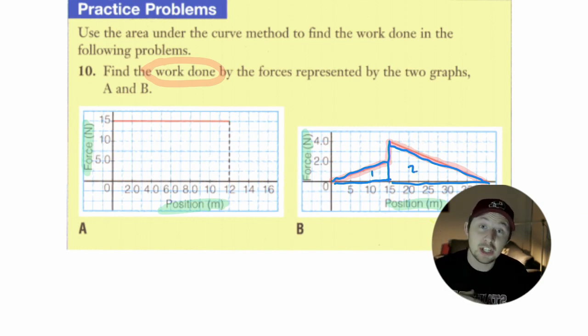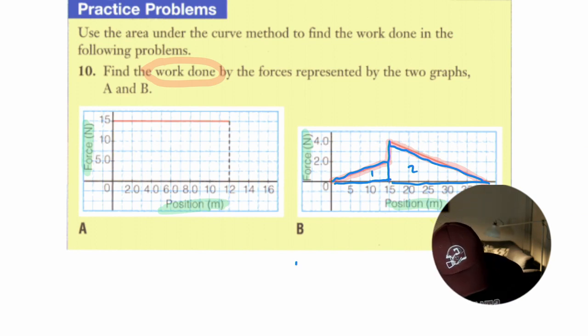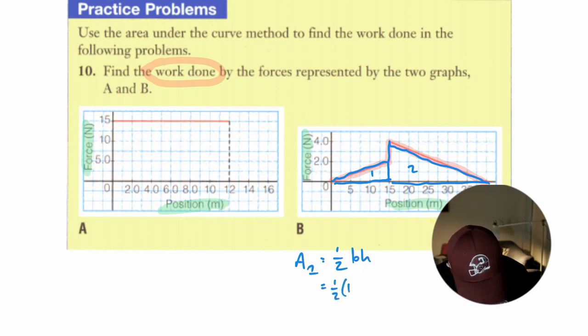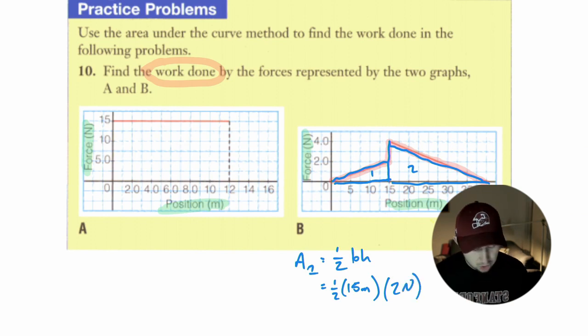So what we're going to do is solve the area for the two different triangles. The area of triangle 1 is equal to 1/2 our base times our height. Our base in this guy is 15. So 1/2, 15 meters. Our height in this guy is 2, which is in newtons, so 2 newtons.